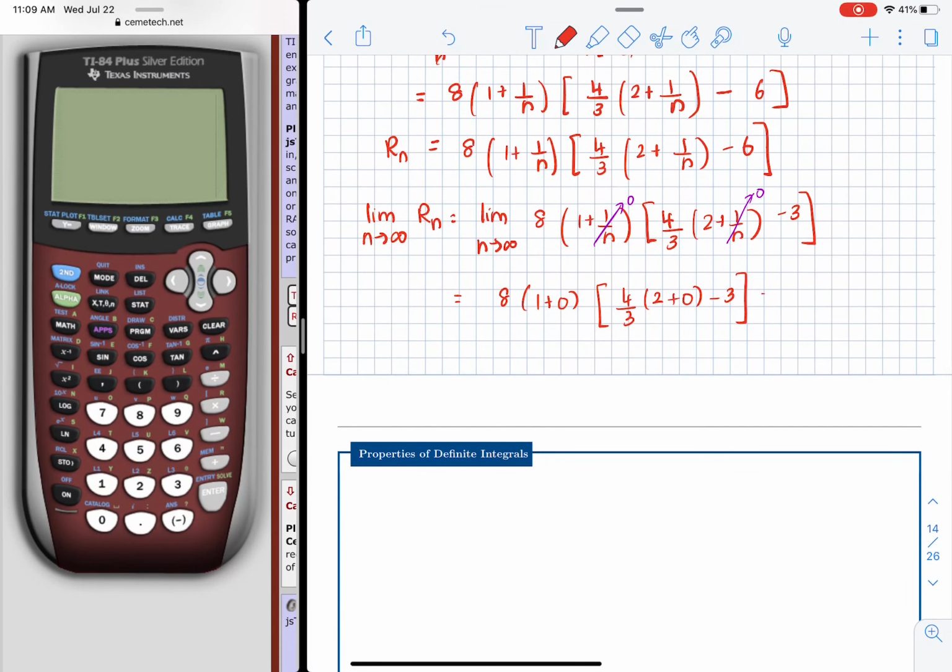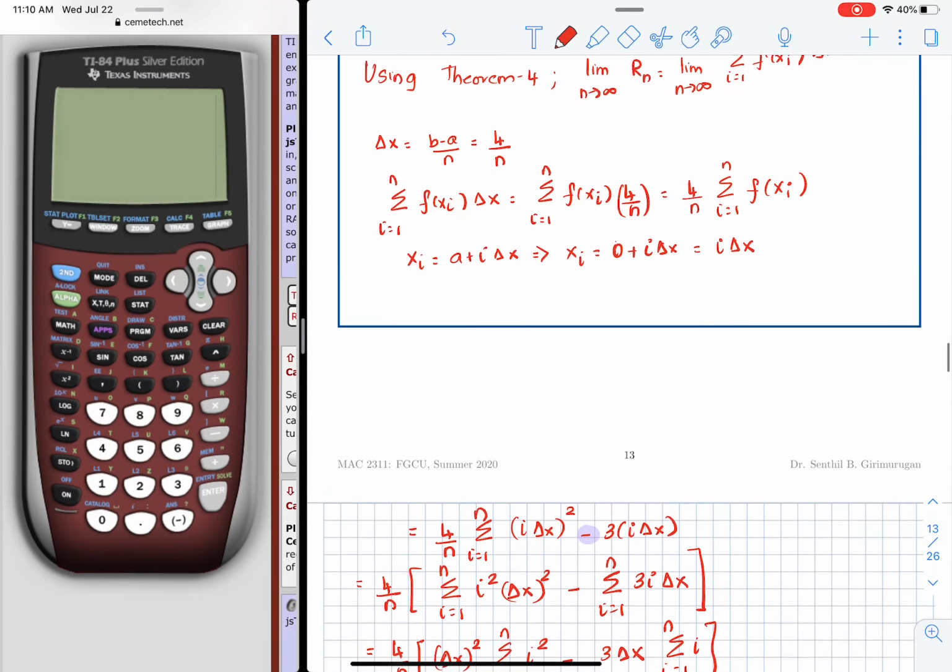If we take a common denominator, we have 8 over 3 minus 9 over 3. And that is 8 times negative 1 over 3. So the answer is negative 8 over 3. And that is the value of the integral, the exact value.